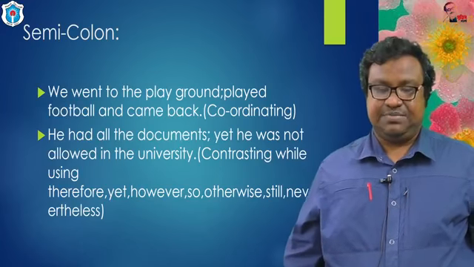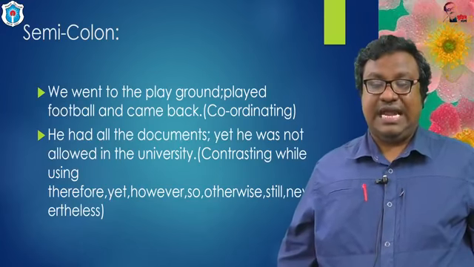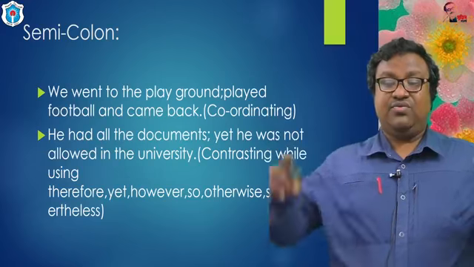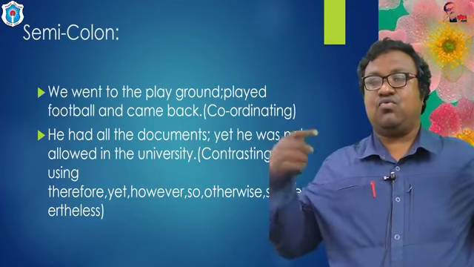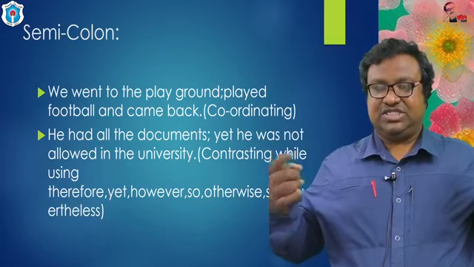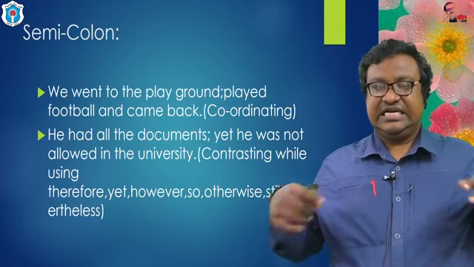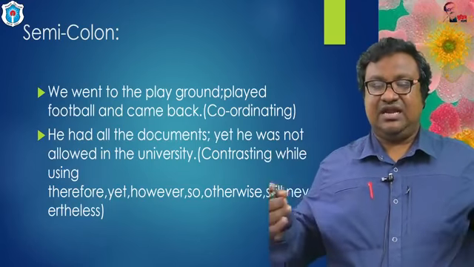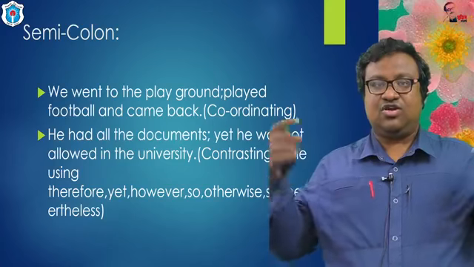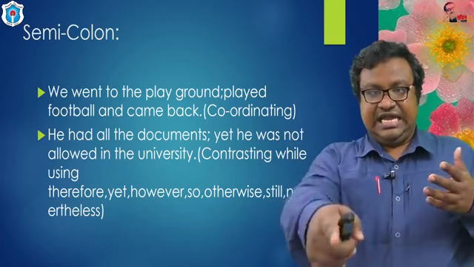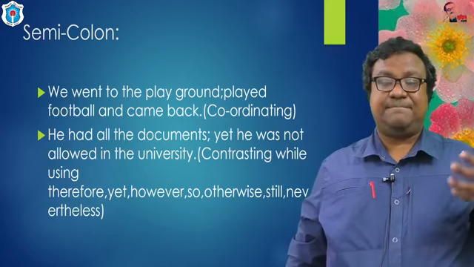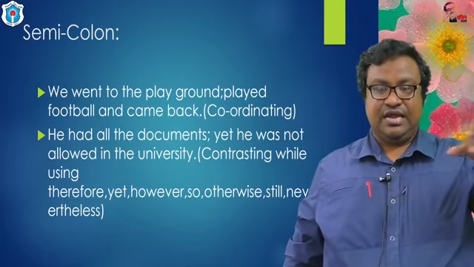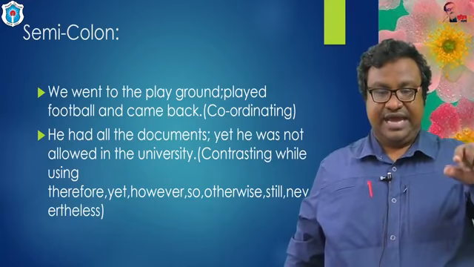Like the first example: We went to the playground, played football and came back. When we are coordinating clauses, in case of comma we were coordinating information, words, sounds, but here we are coordinating clauses. Like here at the first one: We went to the playground; played football and came back.